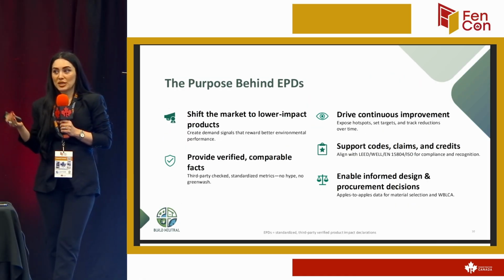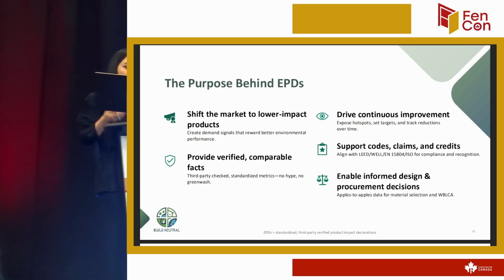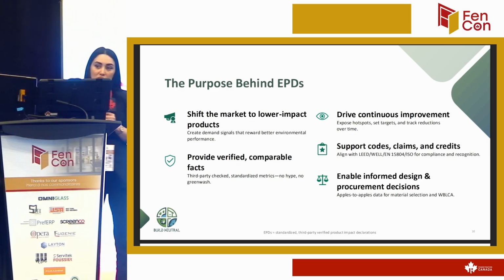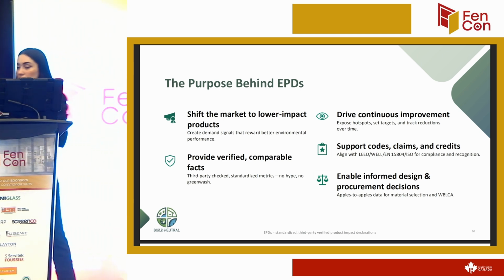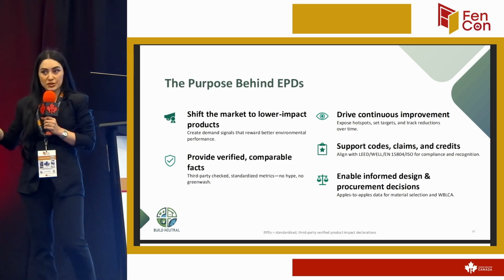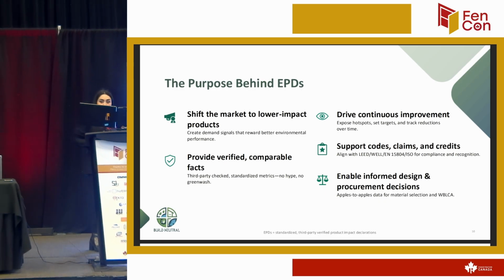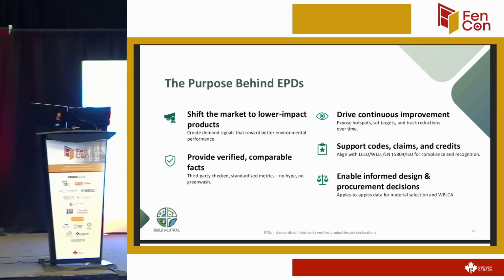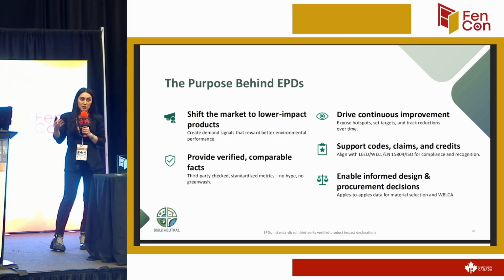So we have so many purposes to develop EPDs. It's going to shift the market to lower impact products, provide verified and comparable facts, and drive continuous improvement for those who are interested in reducing their environmental impacts. It supports codes and claims, and supports everybody to make conscious decisions based on lower embodied carbon.